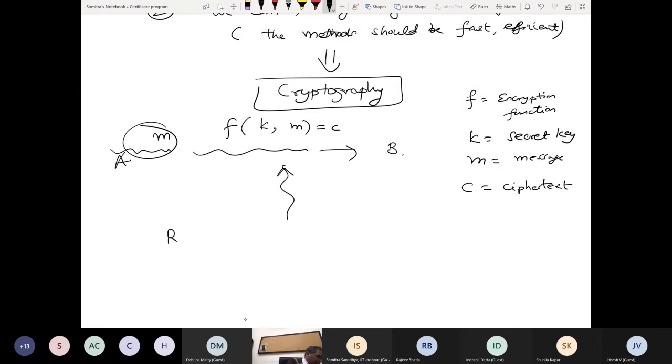Now on the receiver side, the receiver will have another function called F inverse.